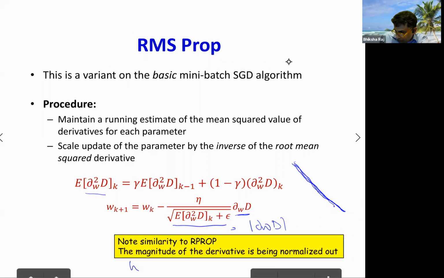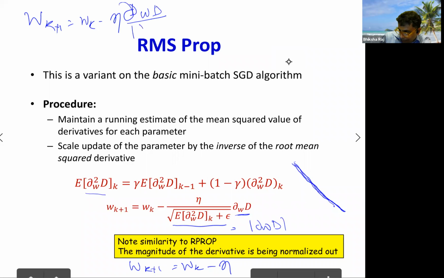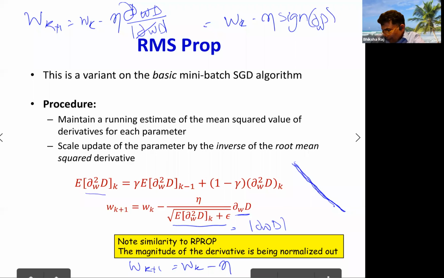And so the update is simply going to be WK plus 1 equals WK minus eta times the derivative divided by the magnitude of the derivative, which cancels these out. So this is simply going to give you WK minus eta times the sign of the derivative, right? So this looks a lot like RProp. And in fact, RMSProp was originally named RMSProp because it was viewed as an extension of RProp.